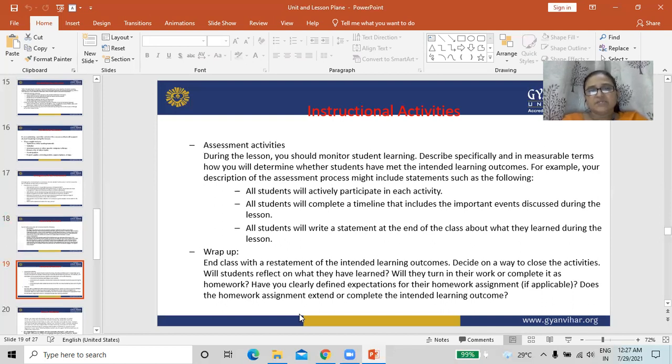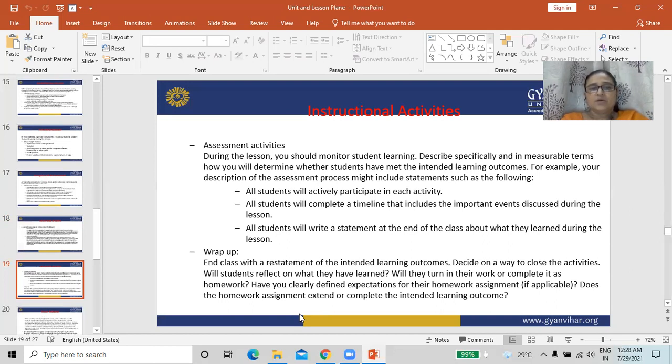Assessment activities: during the lesson, you should monitor student learning. Describe, especially in measurable terms, how you will determine whether students have met the intended learning outcome.